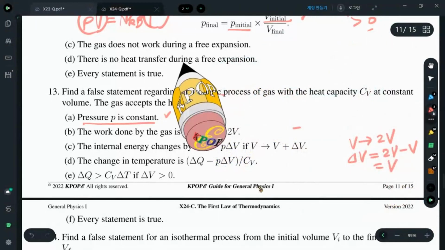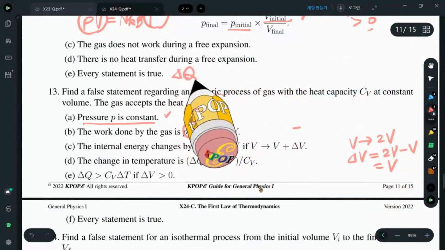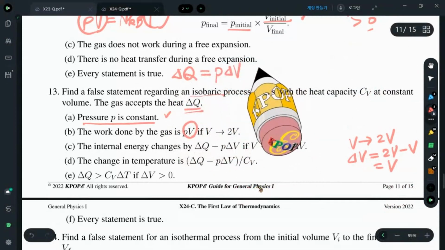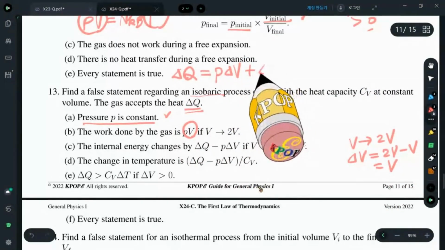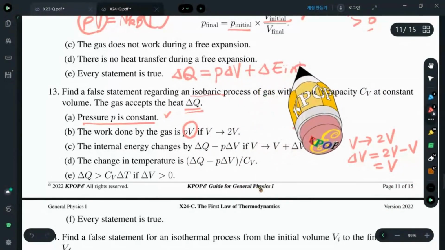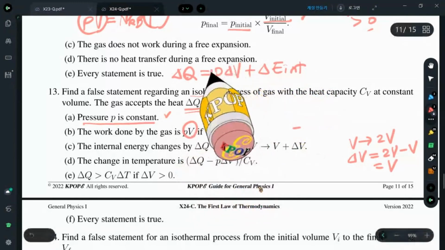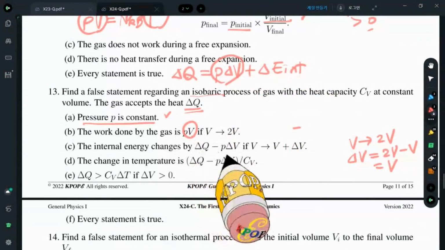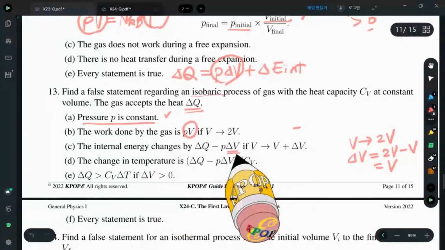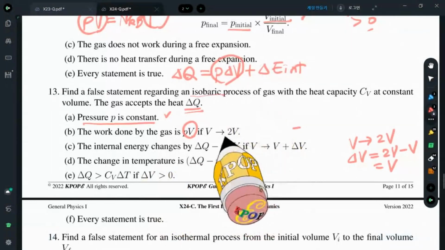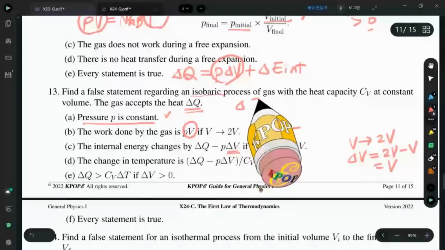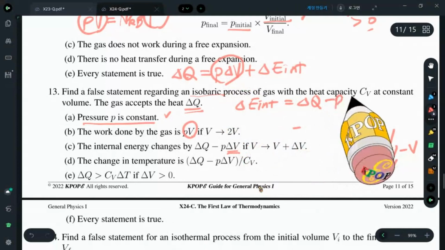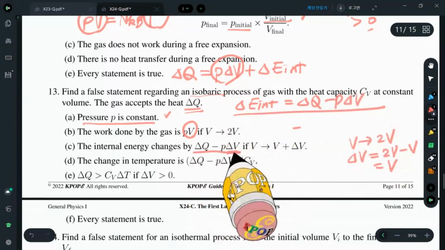The internal energy changes; energy conservation should be used, according to the first law of thermodynamics. Delta Q equals P delta V plus delta E internal. P delta V, according to this, is PV. Then the internal energy change should be delta Q subtracted by P delta V. That's correct.